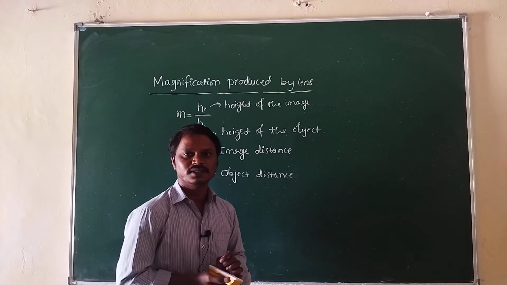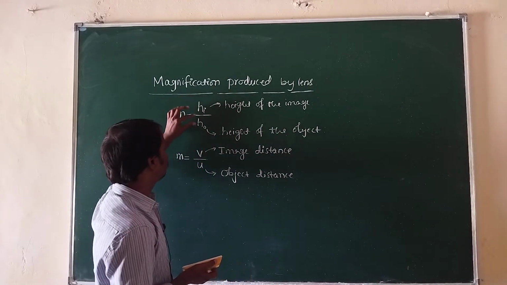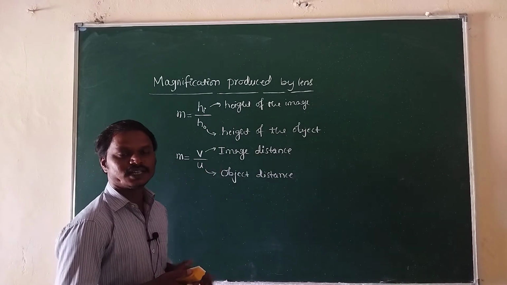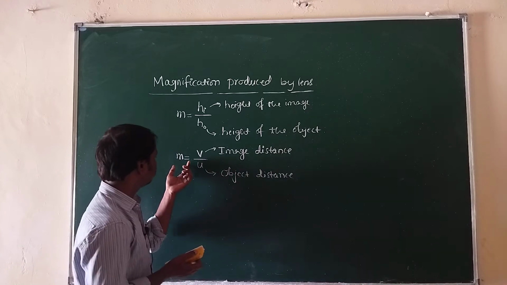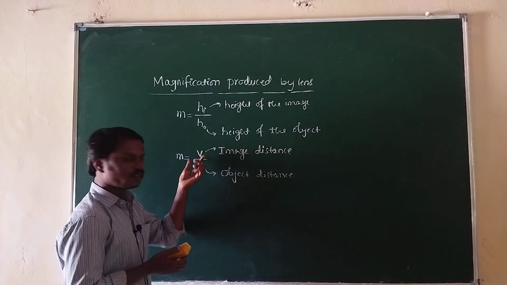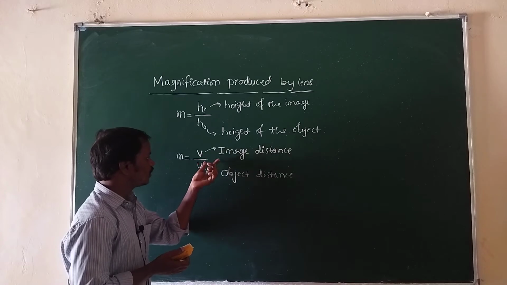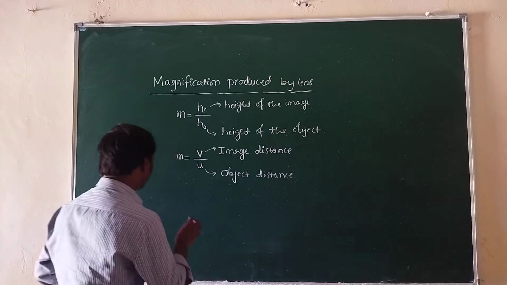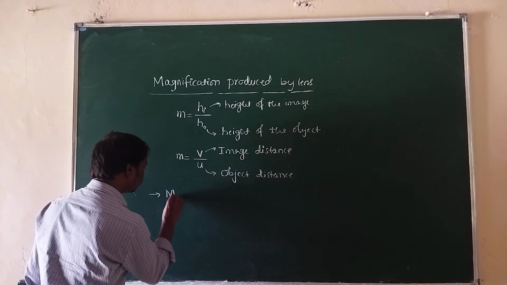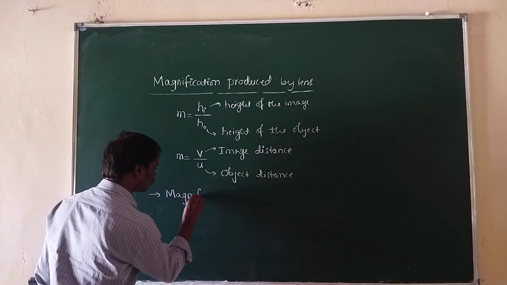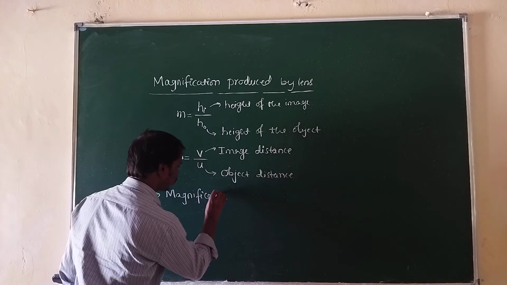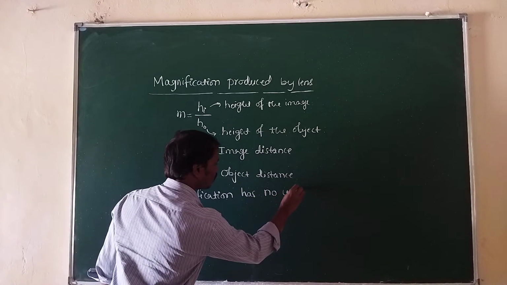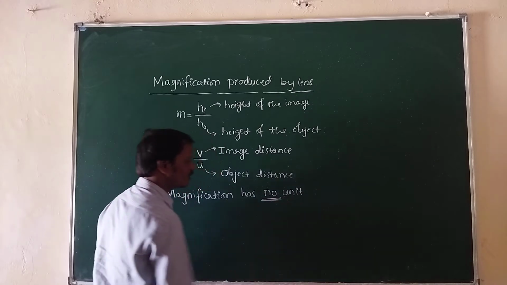Magnification has no unit, because height of the image is measured in meter, height of the object is also measured in meter, then meter gets cancelled. Similarly, image distance is measured in meter, object distance is also measured in meter, meter gets cancelled, hence magnification has no unit. Remember this point.